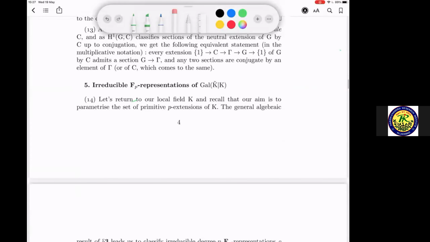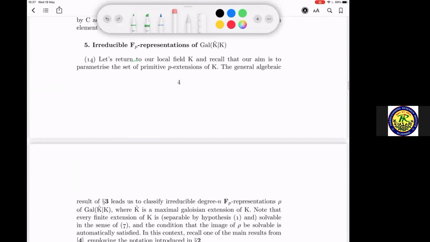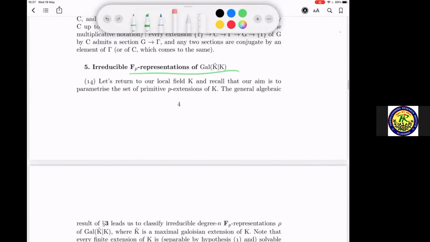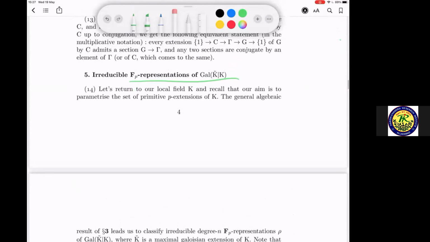Right. And the final thing I want to recall before we come to the proof of the statement is the thing about irreducible FP representations of the absolute Galois group of K. Now, K is now a P field. K is now not an arbitrary field.